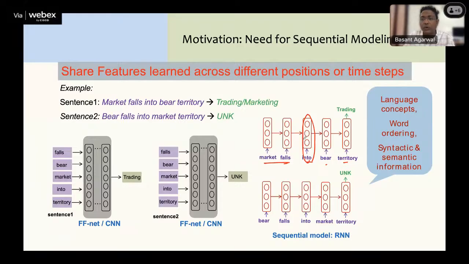That way it also takes care of syntactic and semantic information in the network. Because of the change in order, we could correctly predict the outcome using the recurrent neural network, but it will not be possible with a feed forward or convolutional neural network.